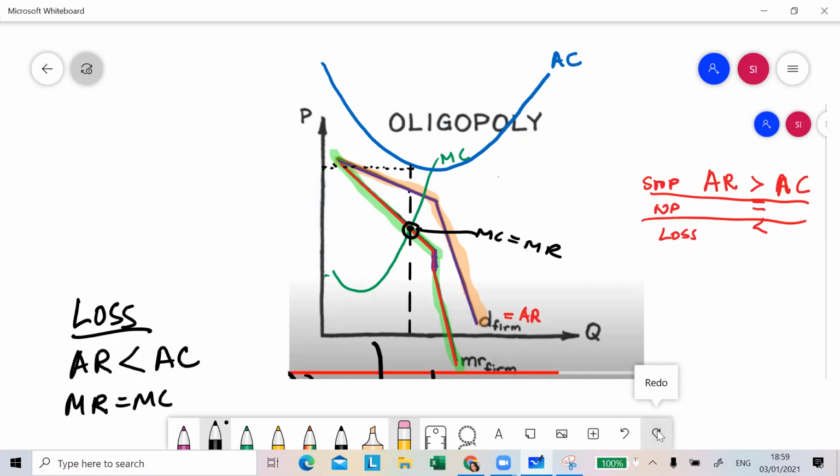You can see the average cost is higher than the average revenue over here. So the difference between these two areas will be considered as the loss for an oligopoly firm. So area A, B, E, F represents where an oligopoly makes a loss.